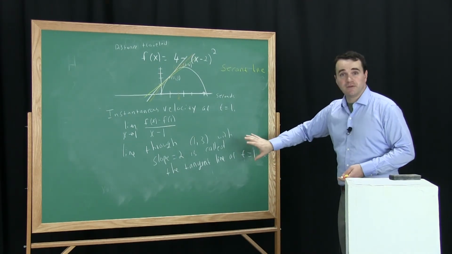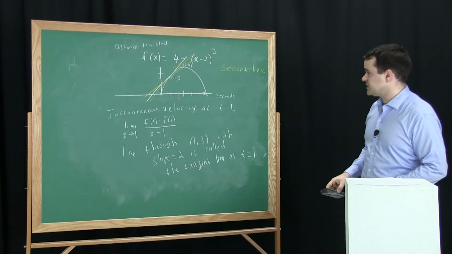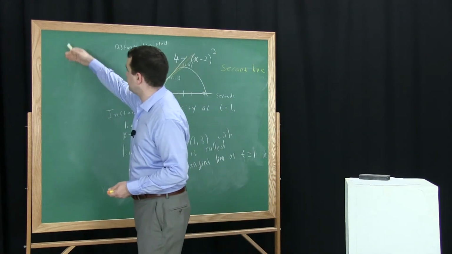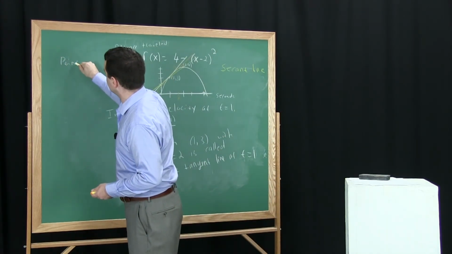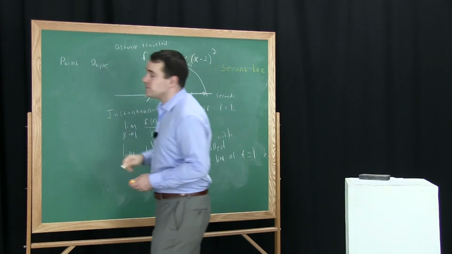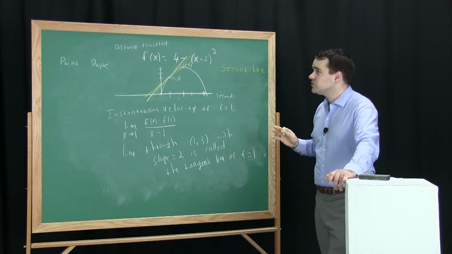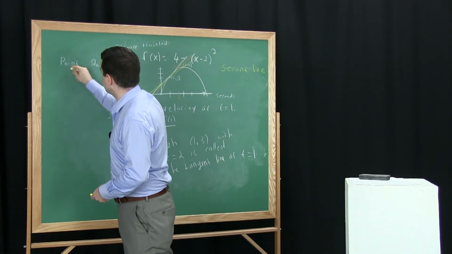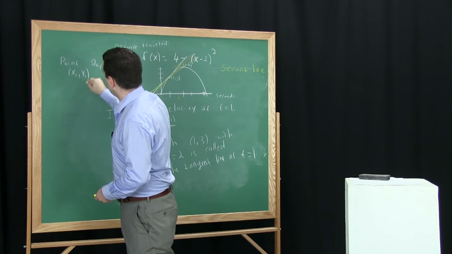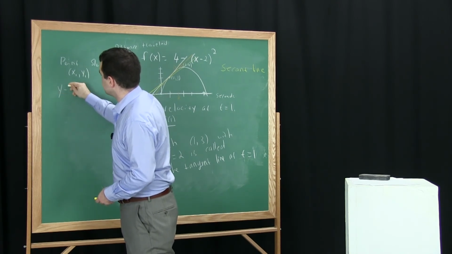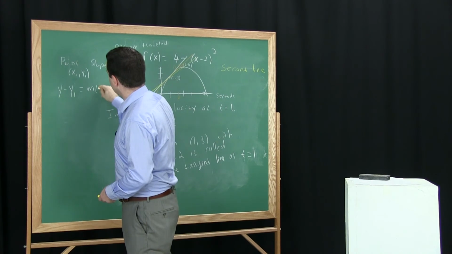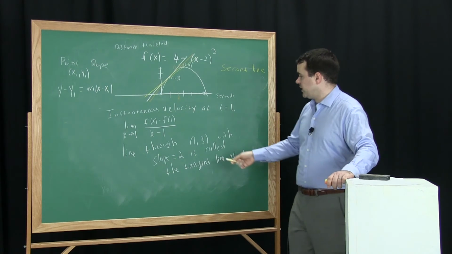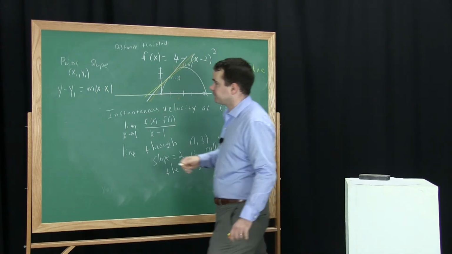So how can you find a formula for that tangent line? What you're going to want to do is just use the point-slope formula. If you've got a point and a slope, you can always find the equation for the line. You can remember from your pre-calculus class that if you've got a point (x1, y1), then the point-slope formula says y minus y1 equals slope times x minus x1. So here your point is x equals 1, y equals 3.